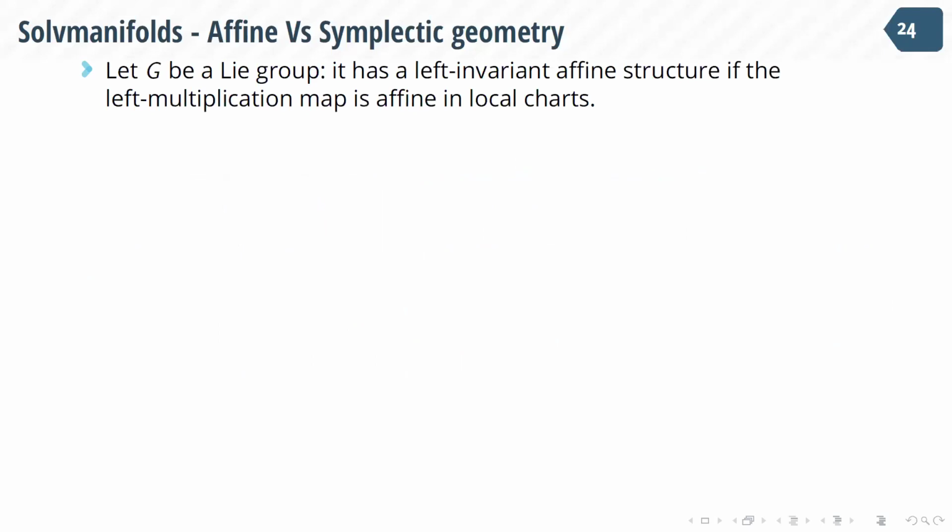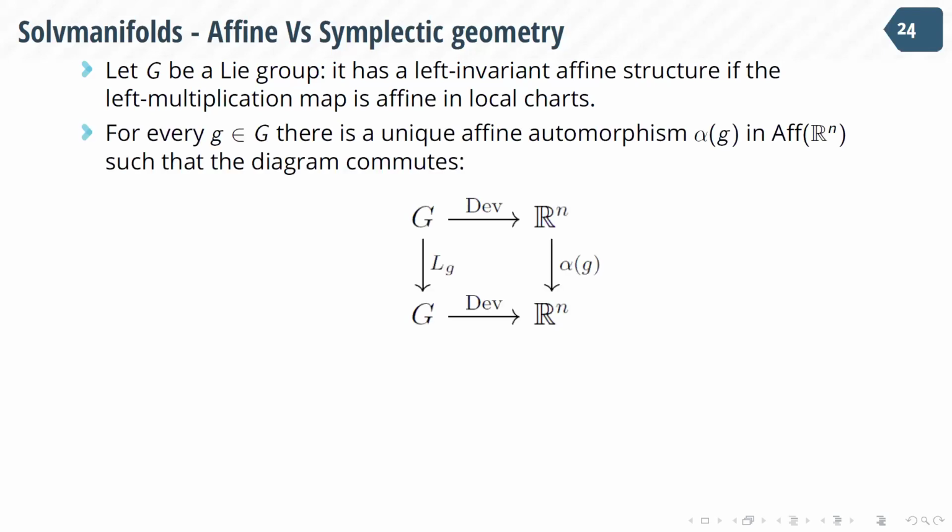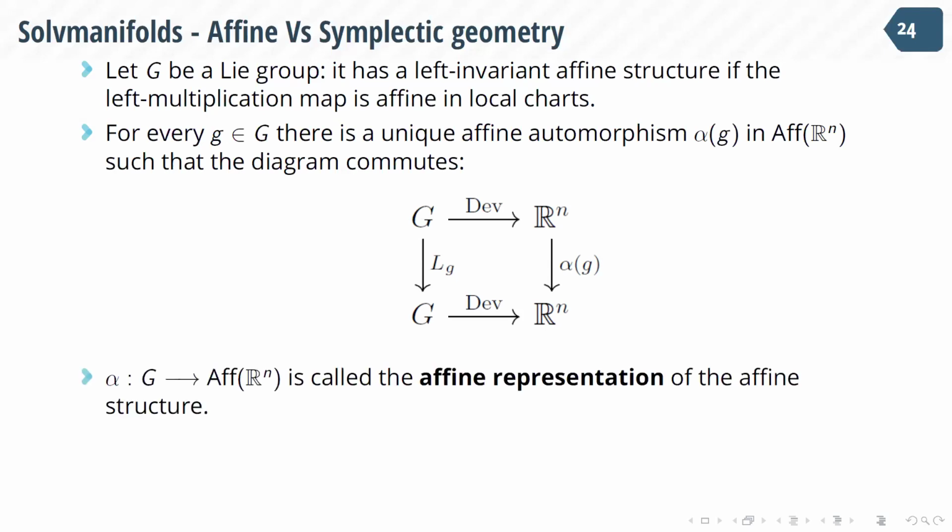When the manifold is itself a Lie group, we say that it has a left invariant affine structure if left multiplication maps are affine local charts. In particular, we can define an affine representation the following way, as the unique map that makes this diagram commute. This map is called the affine representation of the affine structure, and we denote with rho its linear part and with rho star the dual representation.